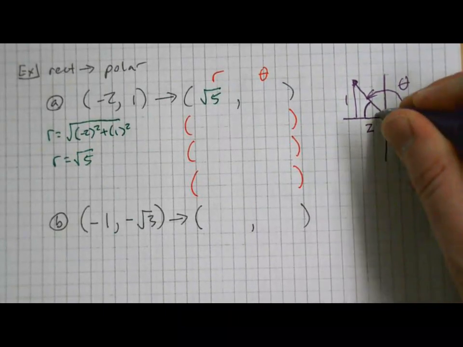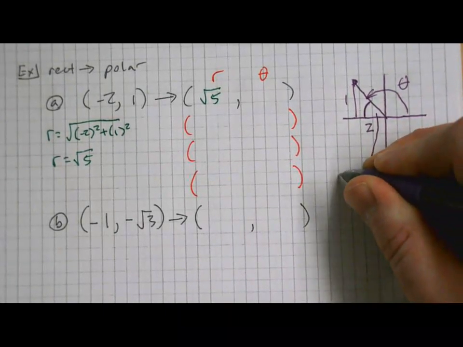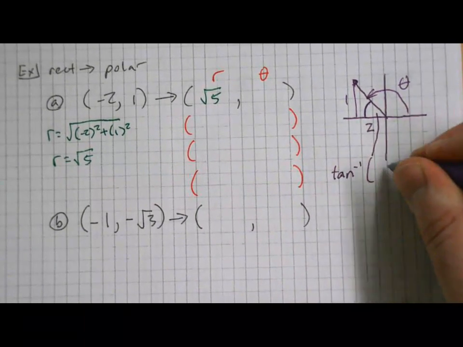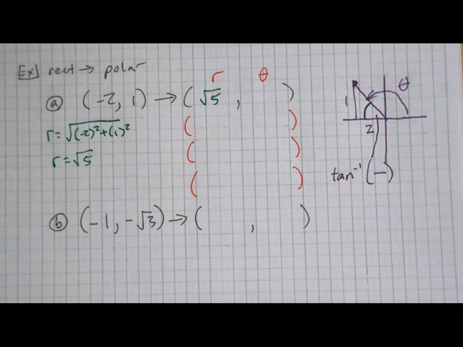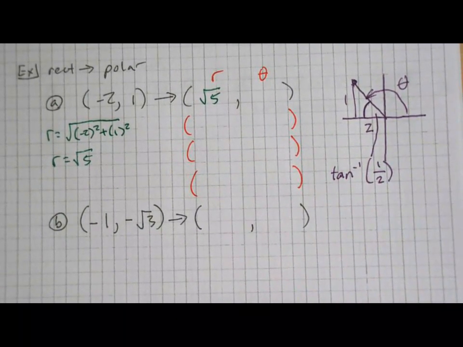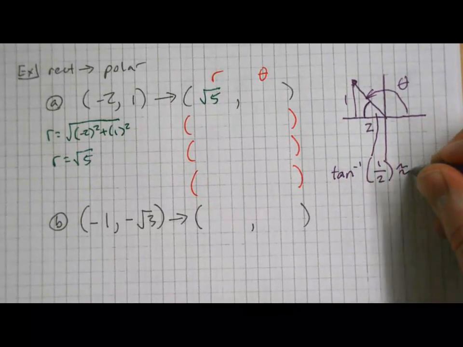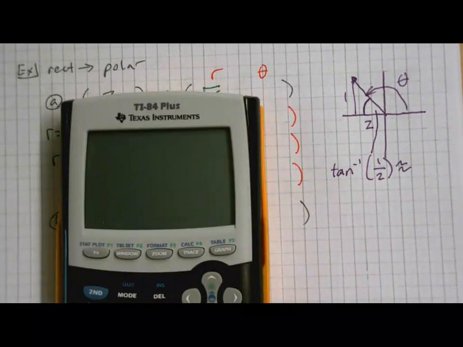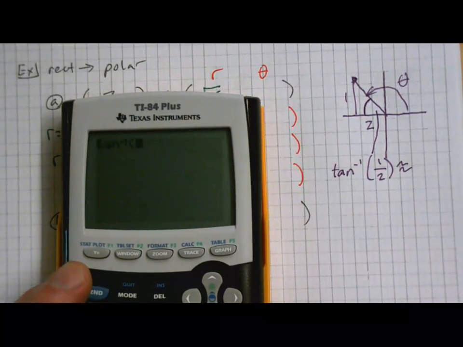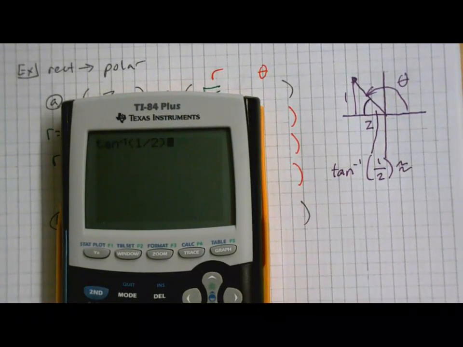So this angle right here is the inverse tangent of, what would it be? 2 over 1 or 1 over 2? 1 over 2. Which is about 26.6-ish.